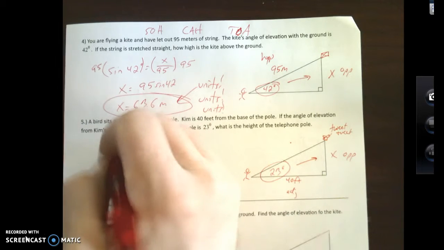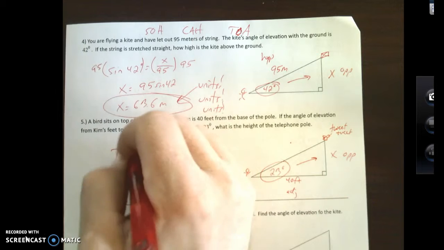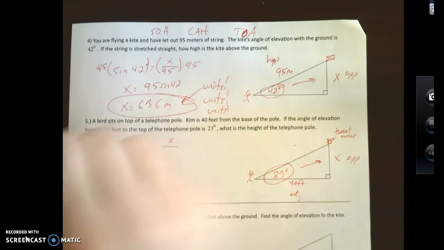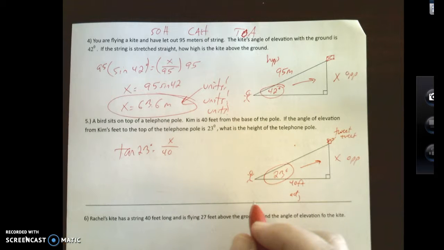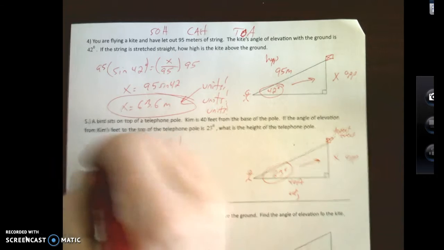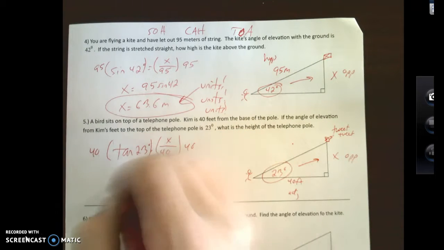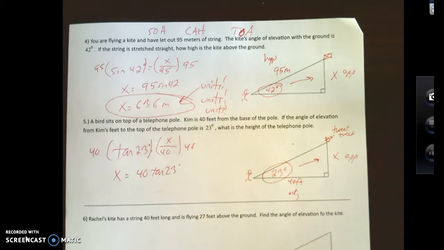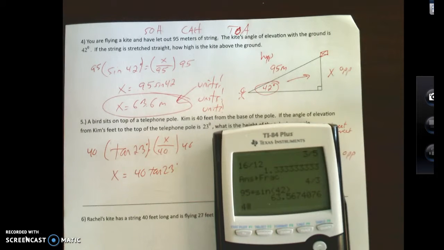TOA. So it's tangent of 23 degrees equals O over my A, which is 40. So 40 is on the bottom, multiply both sides. It's basically the same thing, but what you want to worry about is which ratio to pick. So 40 times tan 23 is 16.97.